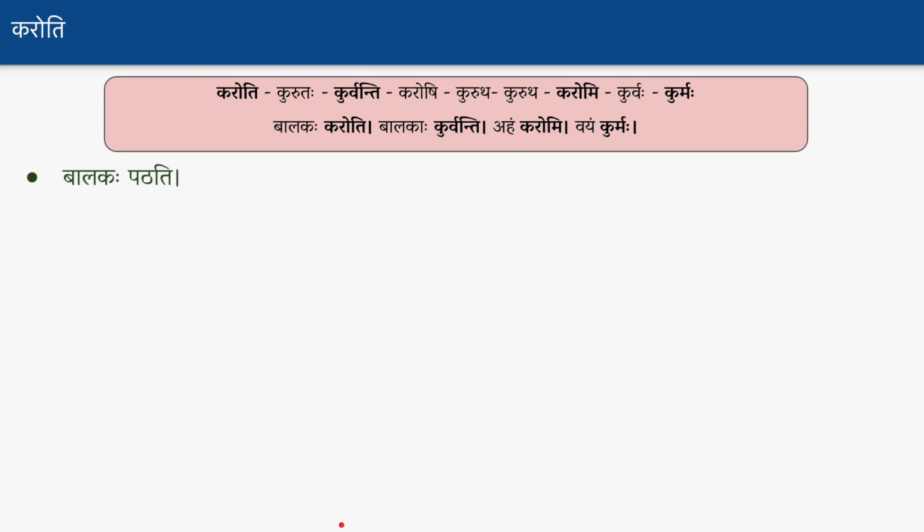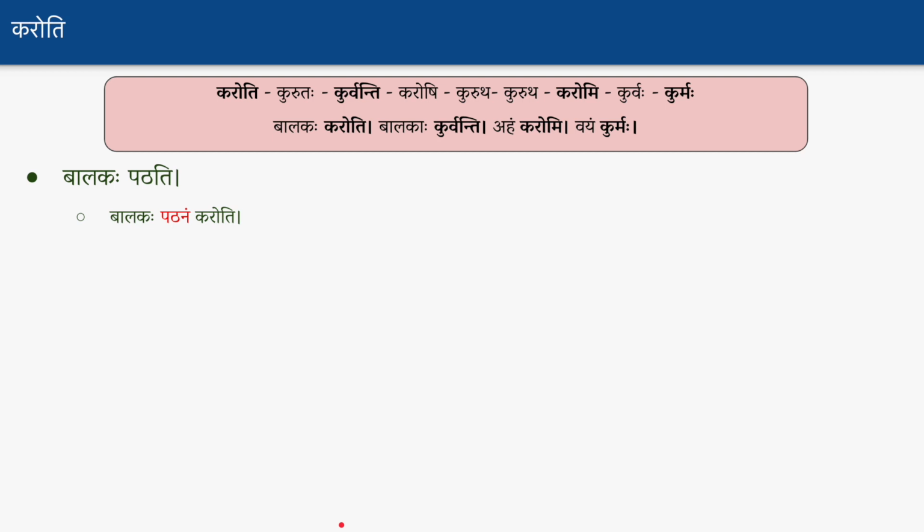For example, balakaha patati. Let me take a simple word, patati, meaning studies. This can be said the other way as well, like balakaha patanam karoti, meaning does studying. Both are the same. Only the way we present with the words is different.